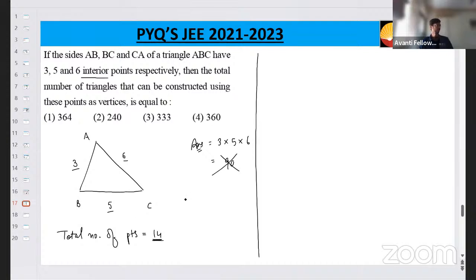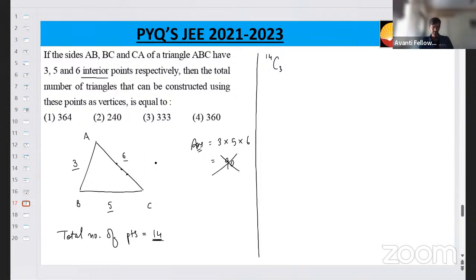So 14 is the total number of points. We want 3 points to form a triangle. So basically we will have 14C3. But here in 14C3, we'll have some cases जो कि तीनों के तीनों पॉइंट साइड AC से सिलेक्ट हो गए.